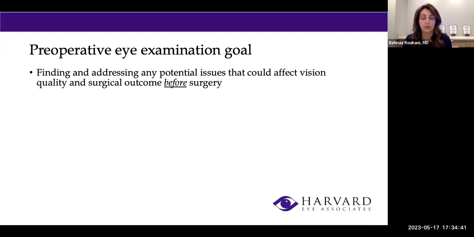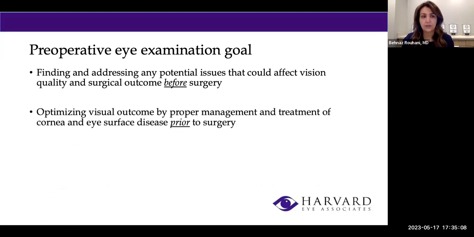Patients get surprised that they never had it before, and they would like to know what happened. Nothing was told prior to cataract surgery about these issues when those conditions are on the milder side. So these are very important, and I will walk you through examples of those conditions.